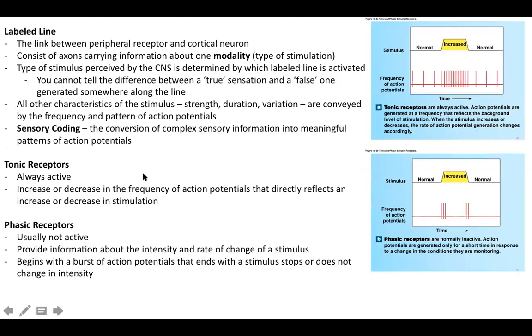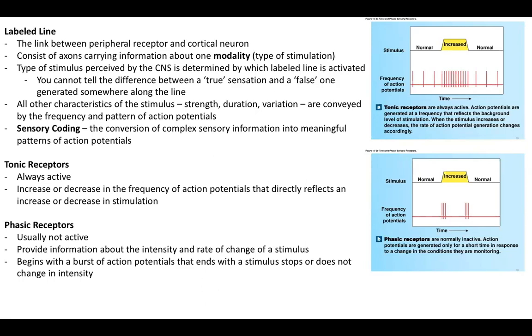Labeled line. This is another concept. A labeled line is a specific link between a peripheral receptor and a cortical neuron. So there's a line basically from the receptor to a specific area in the cortex. When this is stimulated anywhere along this pathway, you have a sense of the stimulus.